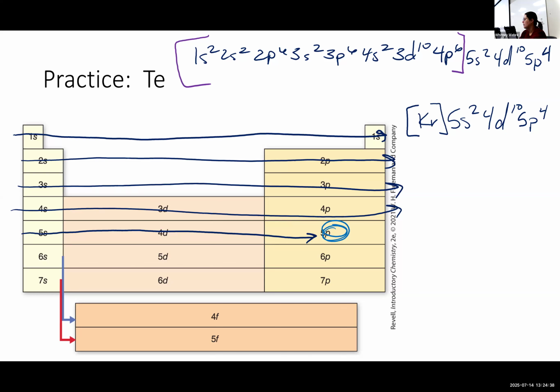As you keep going further and further and further, it does get a little bit more bulk to it, but it's doable if you can kind of remember going left to right, left to right. Keep filling everything. If you want to double check your numbers, just make sure it adds up to the right number. Tellurium is number 52.